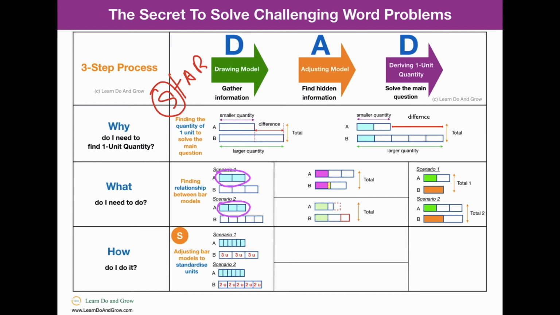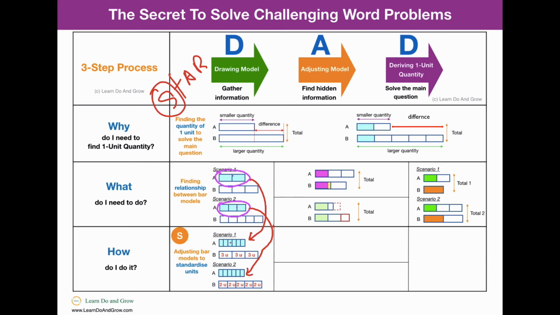If you notice, their quantity is the same. If the quantity is the same, can I make both bar models have the same number of units? Of course I can. So in that case, I use the standardizing unit, and from there I can change this one to over here, and this one to over here. And how many units are there?